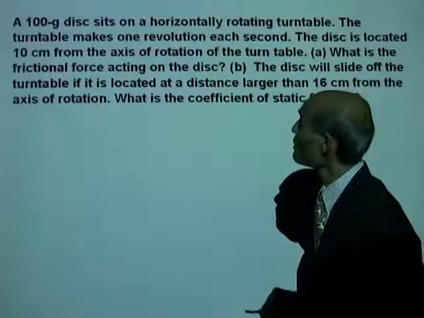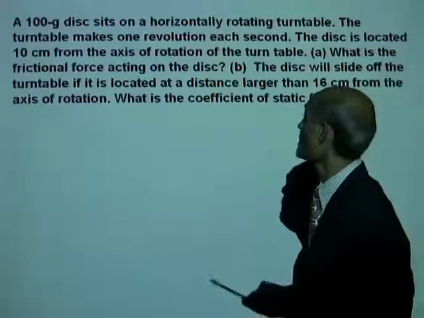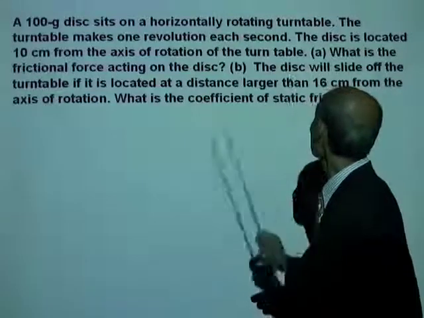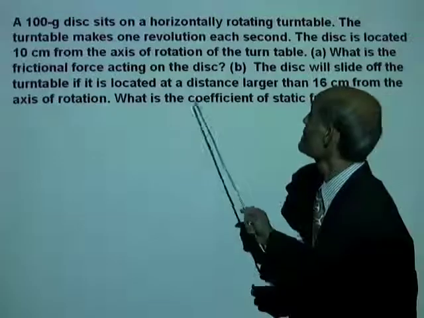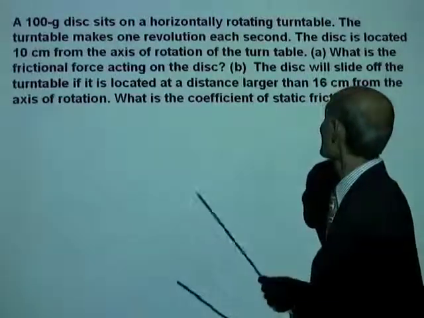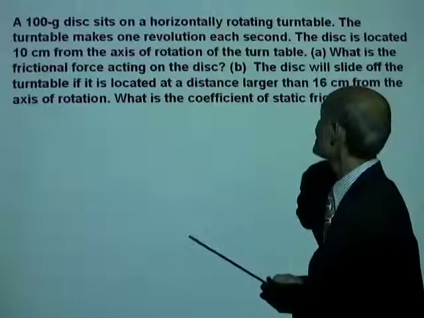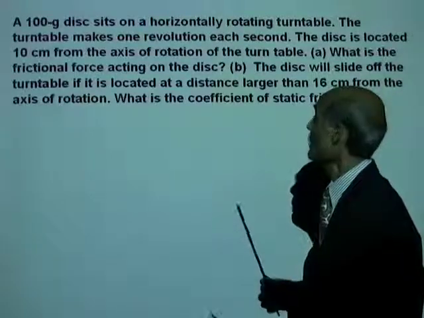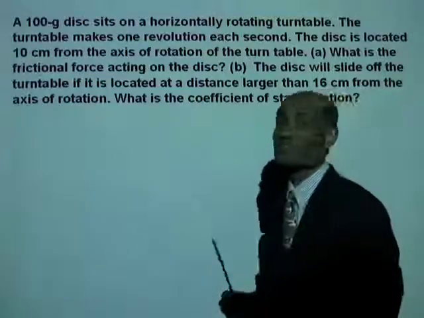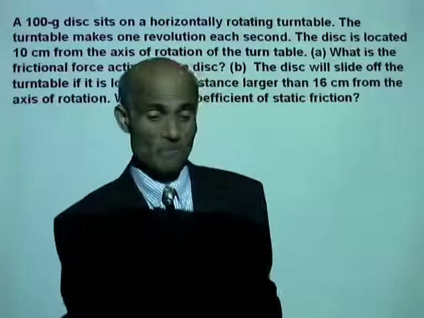What is the frictional force acting on the disc? The disc will slide off the turntable if it is located at a distance larger than 16 centimeters from the axis of rotation. What is the coefficient of static friction?